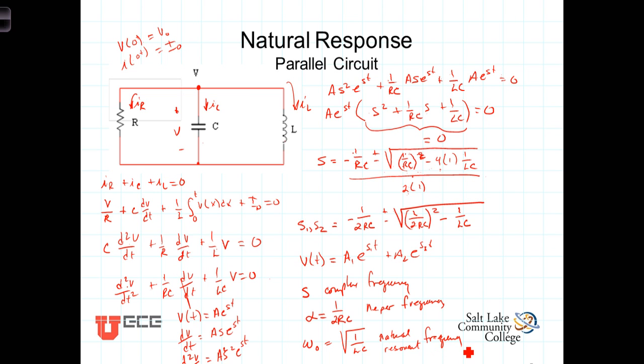When we make these substitutions, then this expression here for S1 and S2 becomes a little more simplified. We have then that S1 and S2 is equal to negative alpha plus or minus the square root of alpha squared minus omega naught squared.